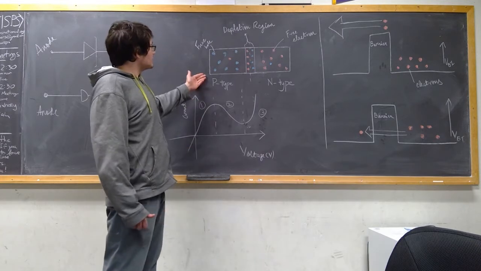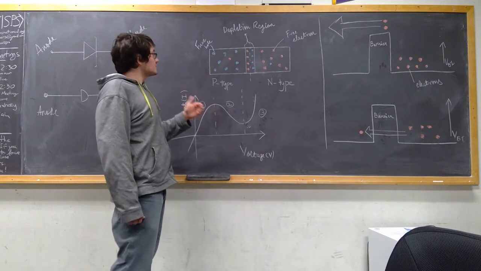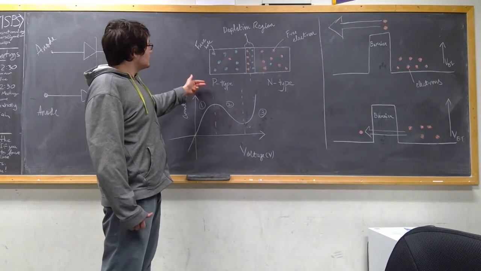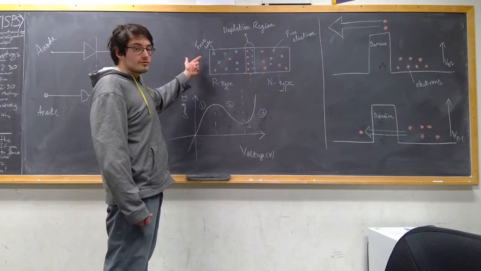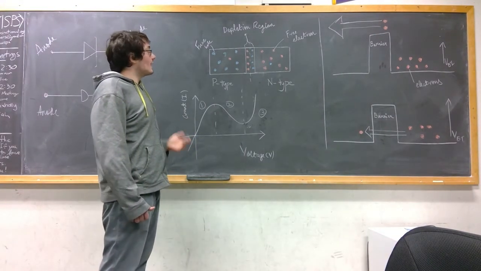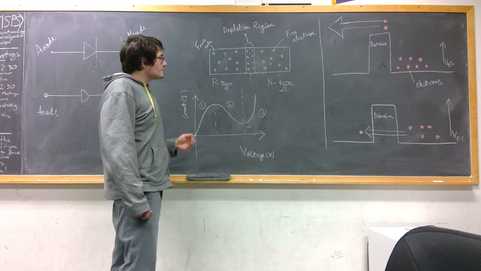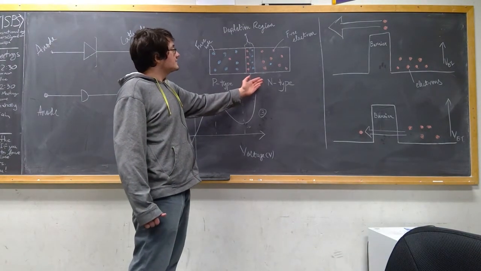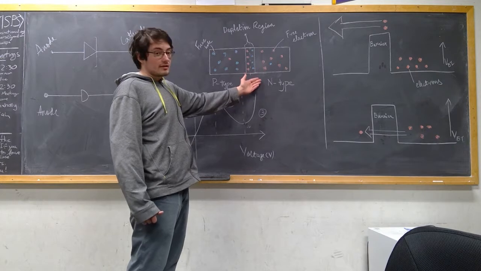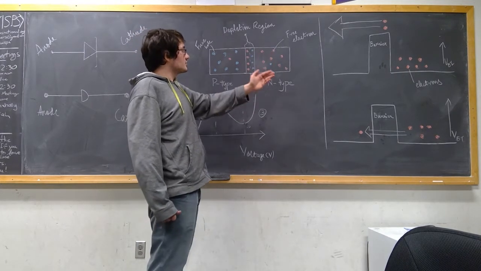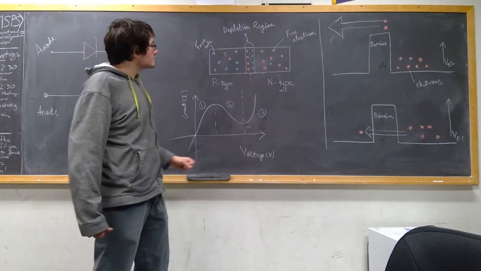For the p-type region, acceptor atoms, such as boron, are added to the semiconductor substrate to increase the concentration of free holes. Holes are simply a positive charge representing the absence of an electron. For the n-type region, the semiconductor substrate is doped with donor atoms, such as phosphorus. This increases the free electron concentration in the n-type region.